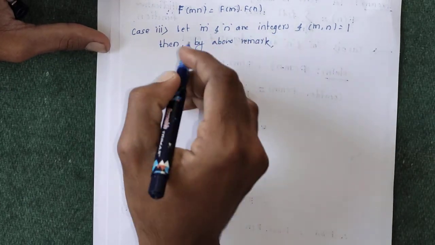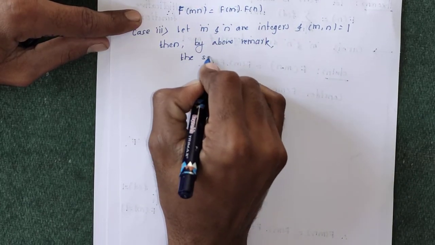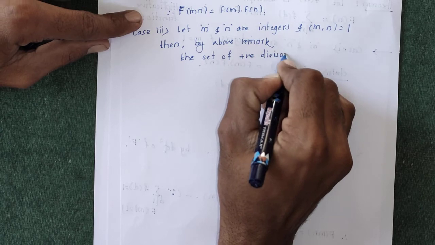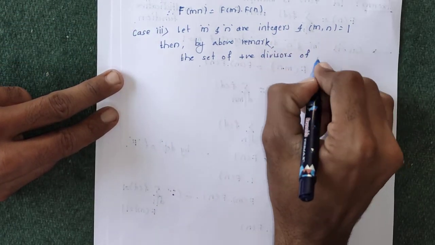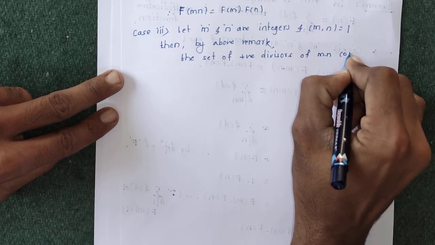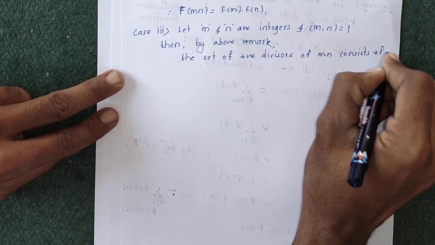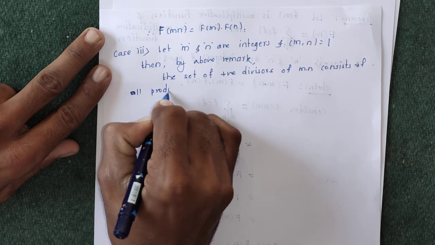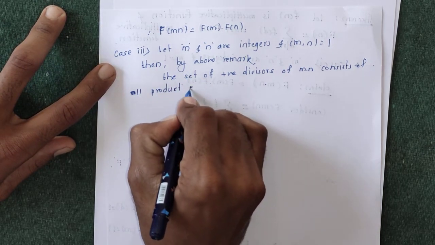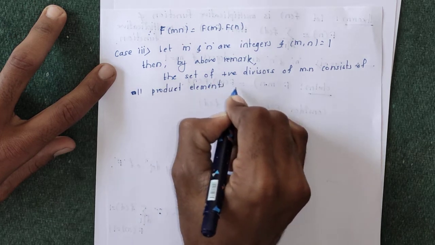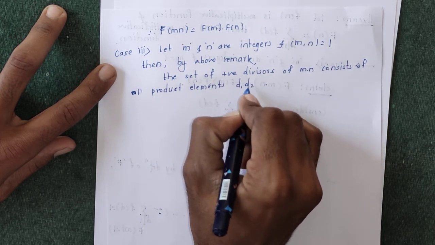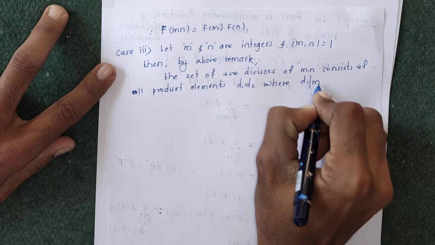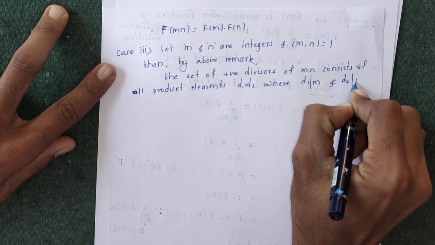Therefore, by the above remark, the set of positive divisors of m into n consists of all product elements d1 d2, where d1 is a divisor of m and d2 is a divisor of n.